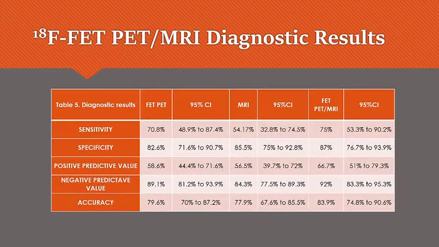The diagnostic results demonstrate that the sensitivity and accuracy of 18F FET imaging alone outperforms MRI, with 16.7% and 1.7% improvement respectively, with the MRI having a greater specificity of 85.5% compared to the 82.6% from the FET PET. However, it is important to note that these results are based on the MRI done with additional neurological sequences, like the permeability and the perfusion.